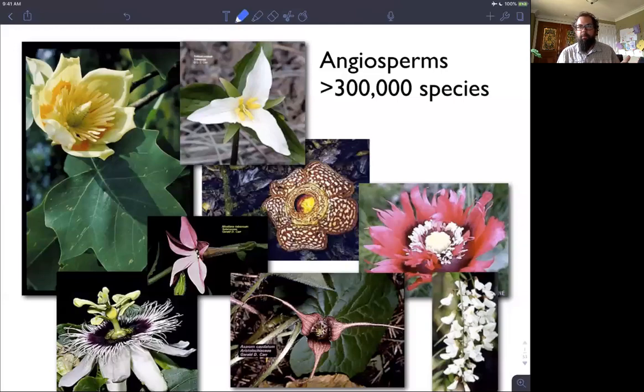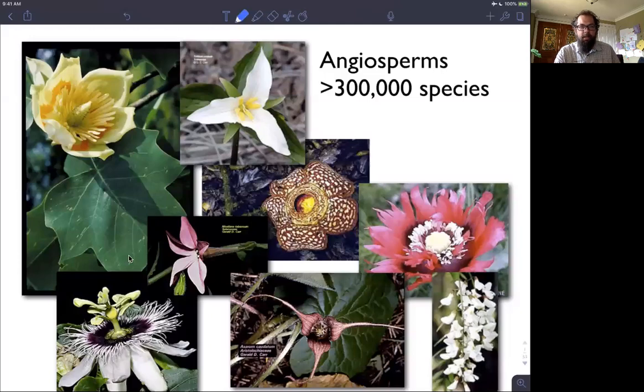flower. And while there is a huge array, as we can see on this slide, of reproductive morphologies, so different floral morphologies across angiosperms, ranging from that Rafflesia, that big 3-foot diameter flower that attracts flies for pollination, to things that maybe we're more familiar with, like the trillium, which is just coming into flower right now in our flora, or the passion flower.